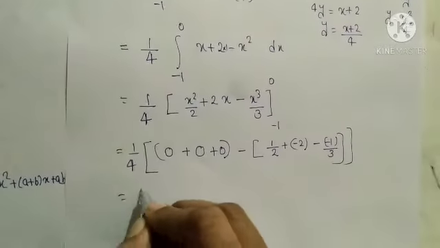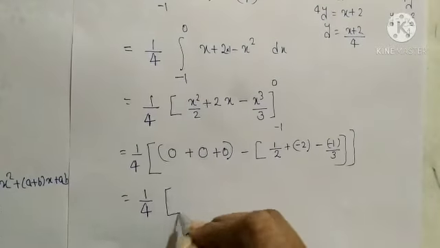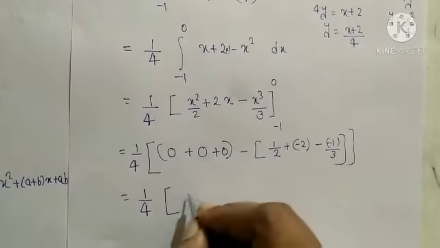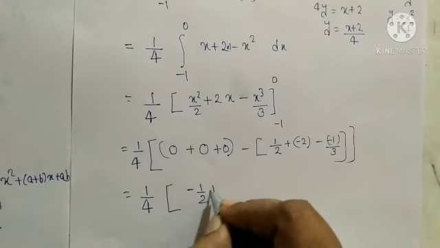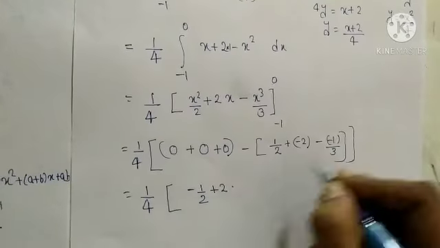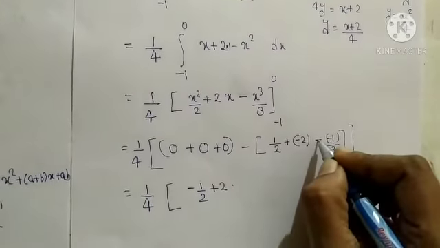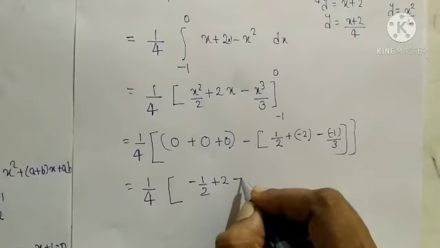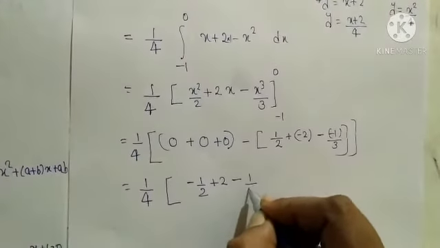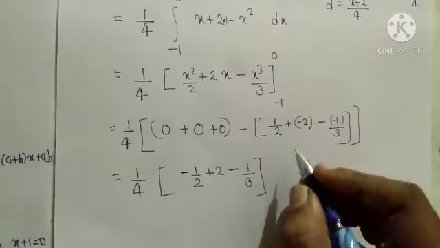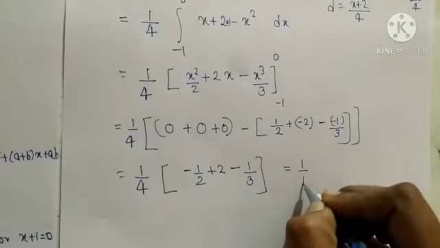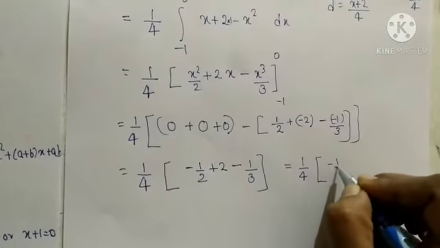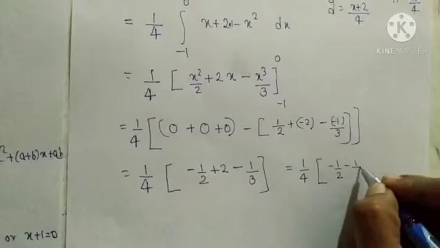Okay, and it will be equal to 1 by 4 into minus 1 by 2 plus 2. This minus and minus will become positive, and also this minus and positive will become negative. Okay, 1 by 3, and it will be equal to 1 by 4 into minus 1 by 2 minus 1 by 3 plus 2.